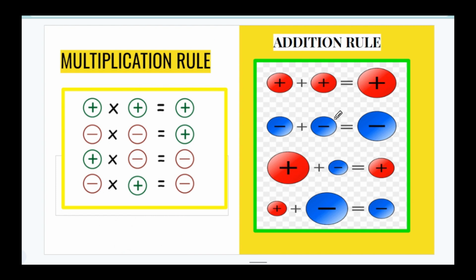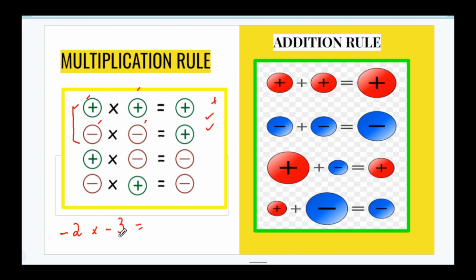Now look at the second one, that is minus times minus is again plus. Do you understand something from this? When the signs are the same, your answer is going to be plus. For example, I have minus 2 times minus 3.